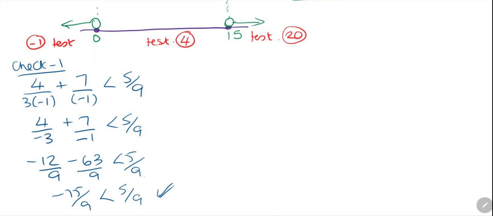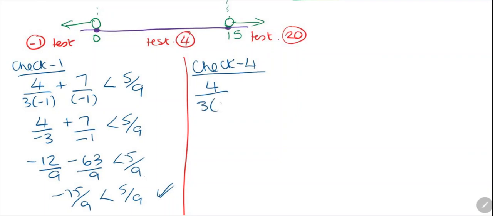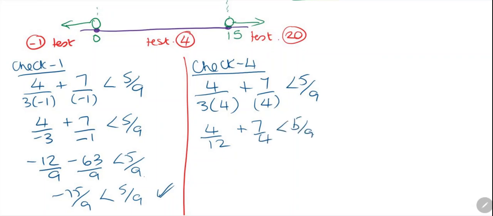So let's have a look at 4. This is the area we want for it to be negative, not to work. So 4 divided by 3 times 4, plus 7 divided by 4, and that's less than 5 over 9. So 4 over 12 plus 7 over 4 and 5 over 9. We need to find the lowest common denominator.